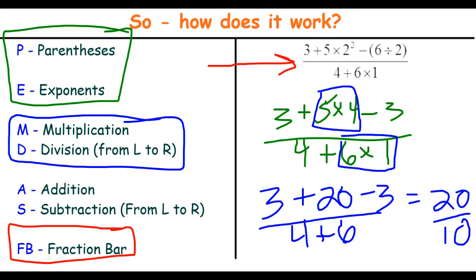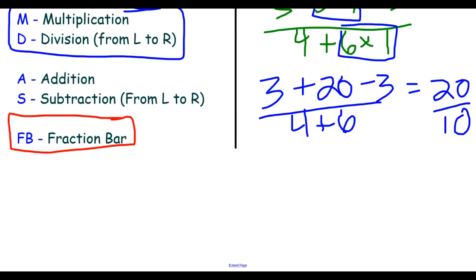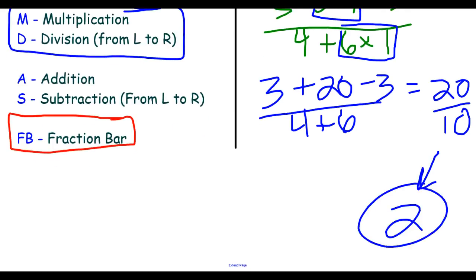And a fraction bar means division. So 20 divided by 10 is 2. That fraction bar, that last step there, that we use as another way of representing division, is there at the end because it takes the quantity of a numerator and a quantity in the denominator and then finally divides it out.